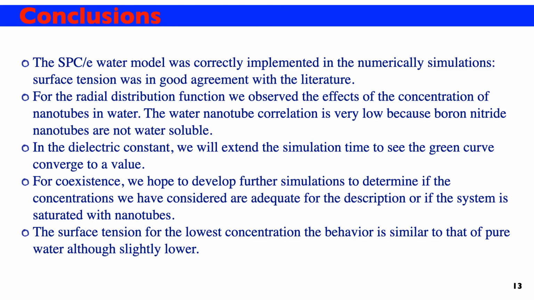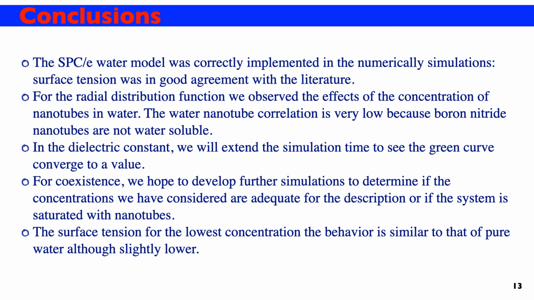So, in conclusion of these results, we have that the SPC/E water model was correctly implemented in the numerical simulation, since the electrical constant and surface tension are in good agreement with the literature.